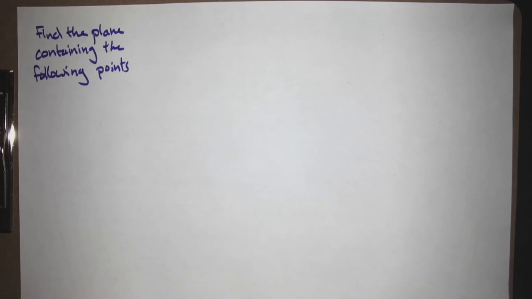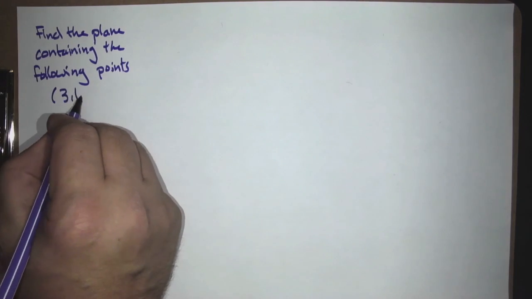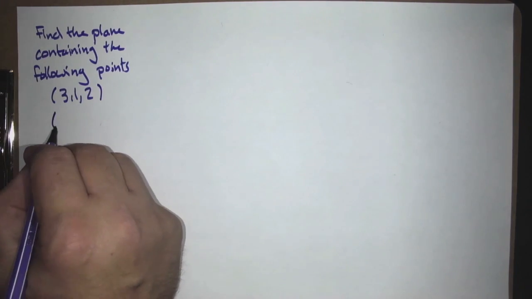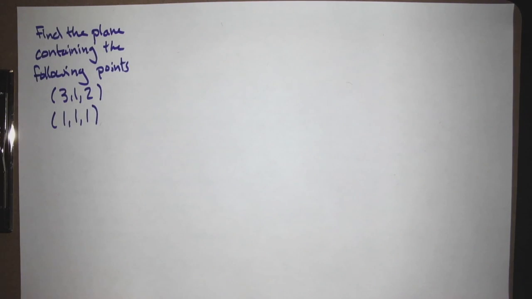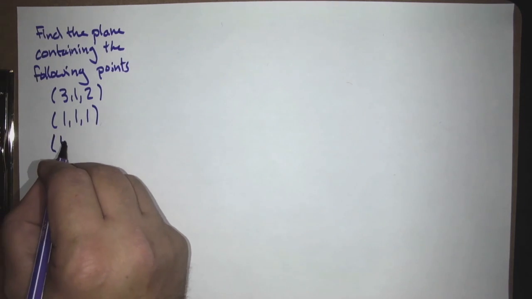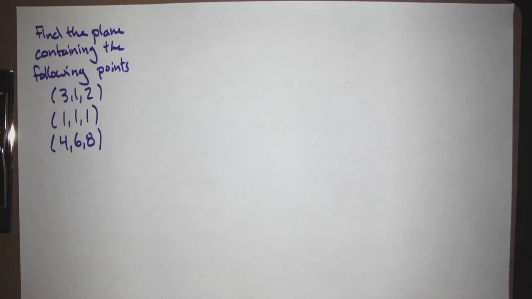3, 1, 2. Well, someone has suggested 3, 1, 2. 1, 1, 1. Okay, we're very nice to ourselves. That's all right. And we need a third point. 4, 6, 8. All right. Huh.